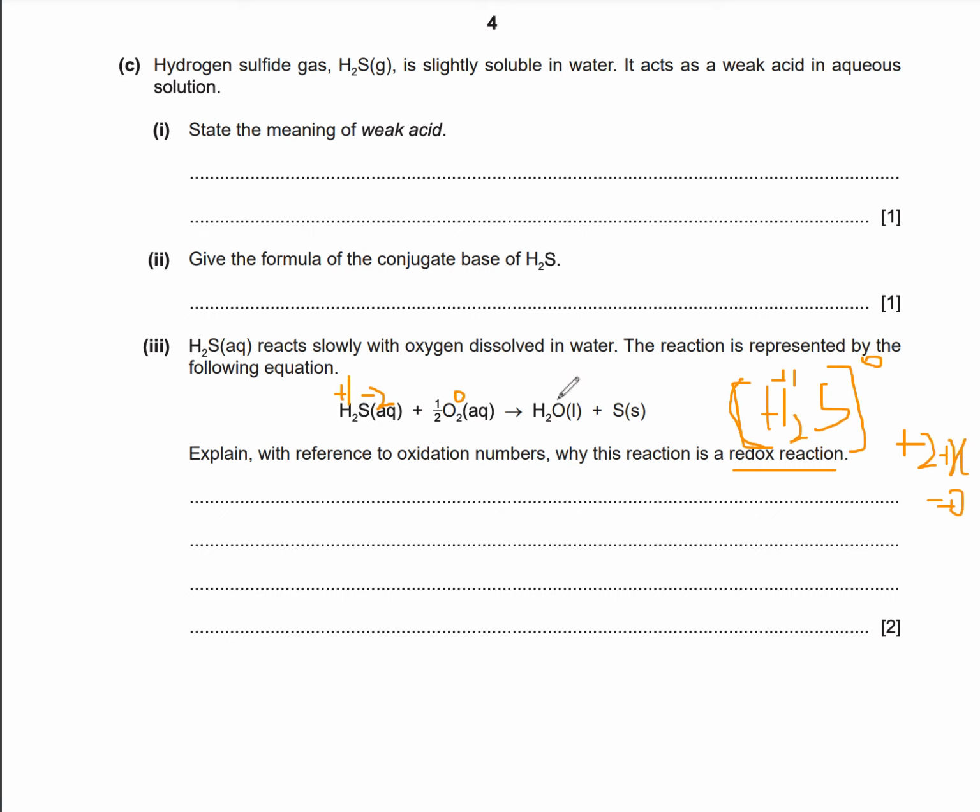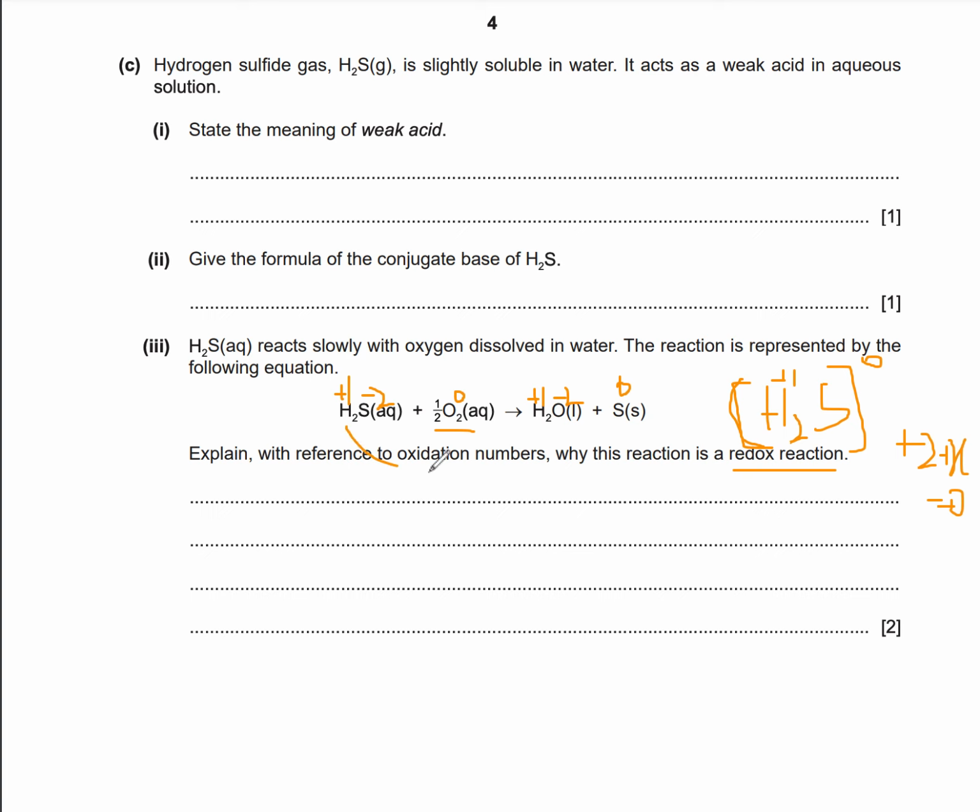Over here we always know that oxygen is minus 2, and hydrogen is plus 1 over here as well. What about sulfur over here? Because it's existing independently, it's not bonded with anything, just like this one, this would also be 0. Now we need to know if both oxidation and reduction are occurring in the same equation.